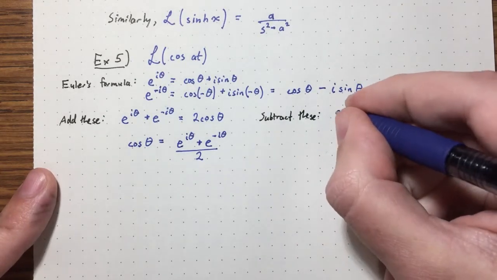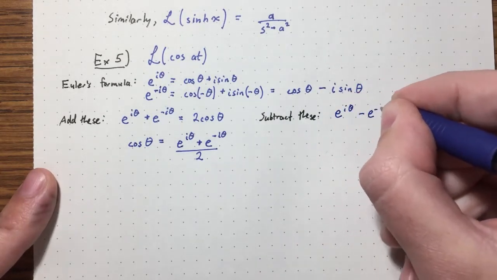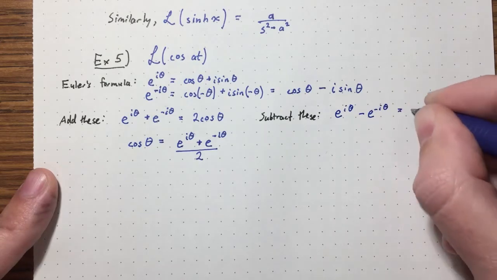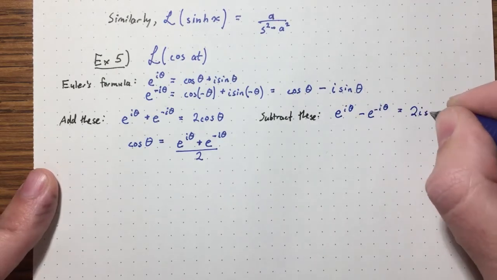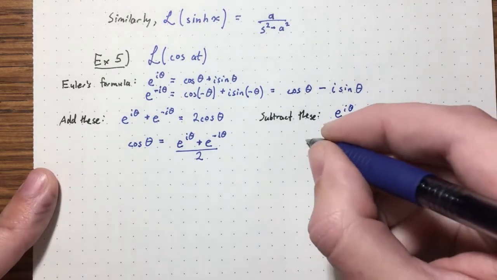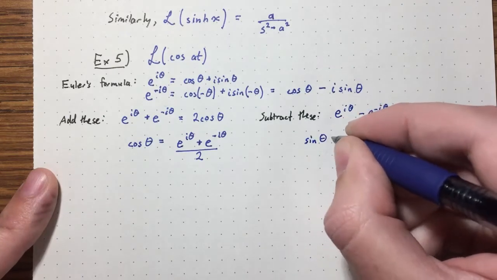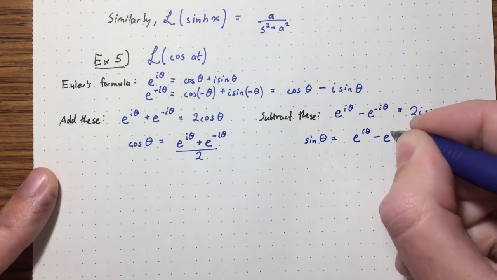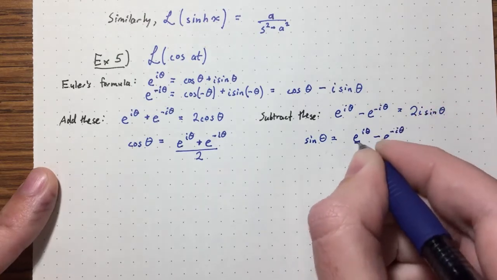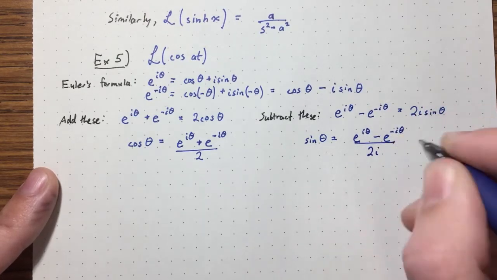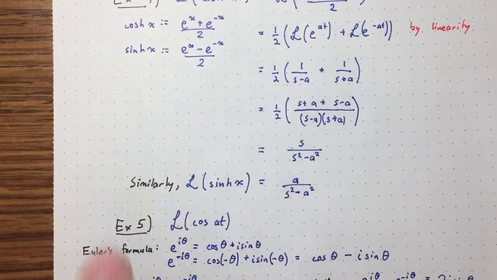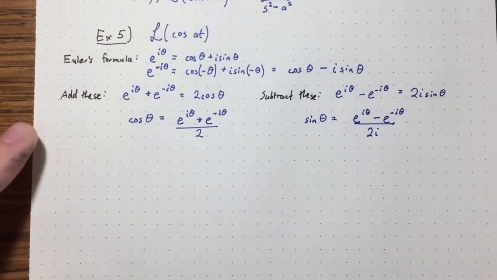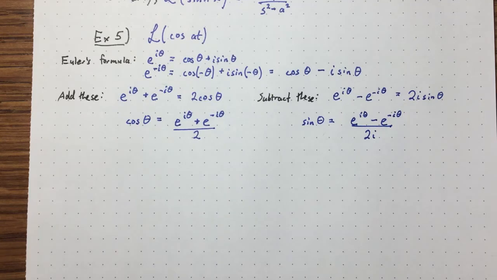Then I get e to the i theta minus e to the negative i theta equals 2i, don't forget the i, sine theta. So I get an interesting formula for sine theta, which is e to the i theta minus e to the minus i theta over 2i. That looks a little different than this one. There's an i in the denominator.